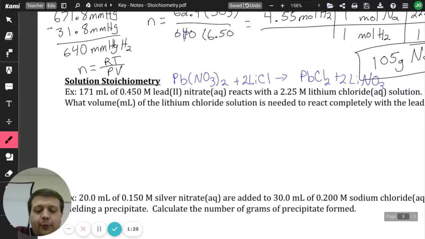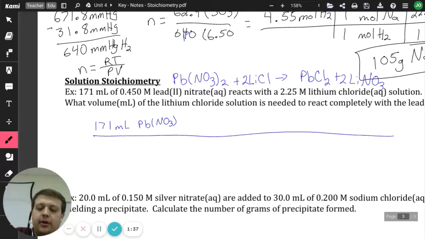So I have 171 milliliters of the lead-2 nitrate. And I'm going to use that as my starting point. Why? Because I know that I've got that much lead-2 nitrate, and I'm trying to figure out how much lithium chloride I will need.